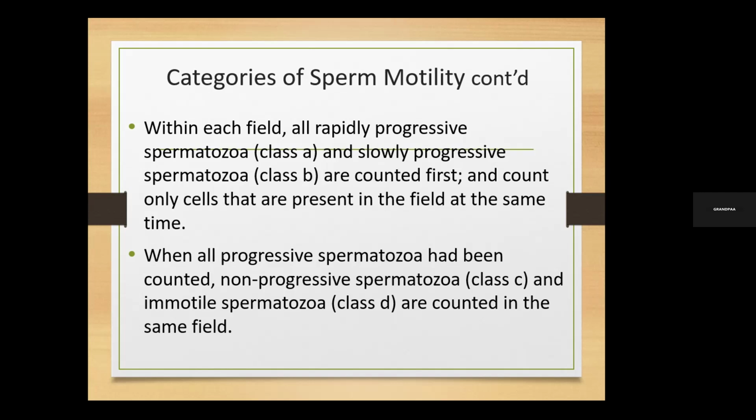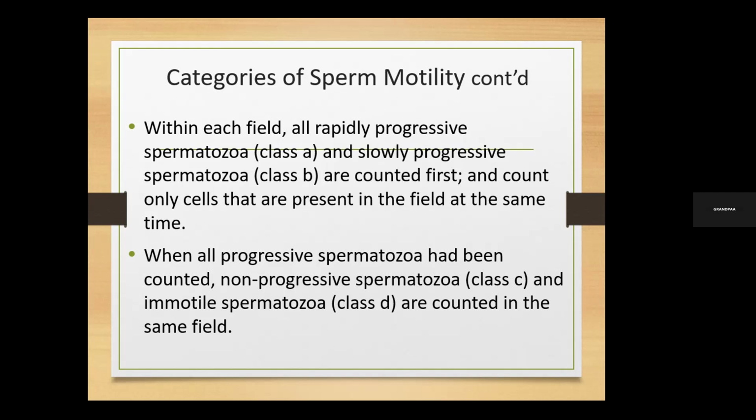Now you come to the total motility, then you are going to categorize. If let's say your total motility is 80%, after the 80%, how many are showing class A or fast progression forward? How many are showing class B, which is progressively forward but slowly? So don't tell me, oh, grandpa, you said that we should do this one first.